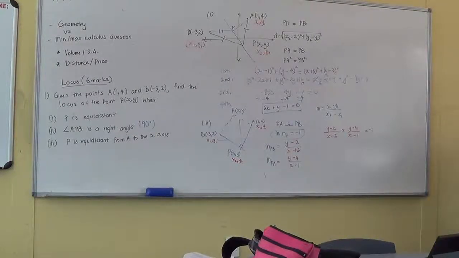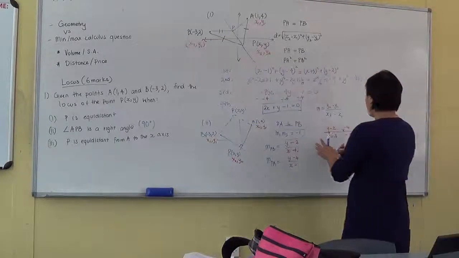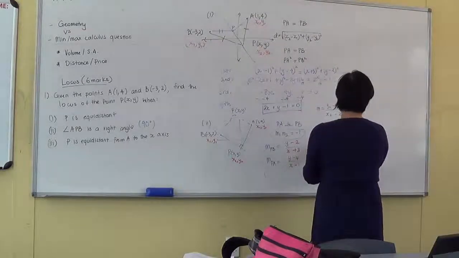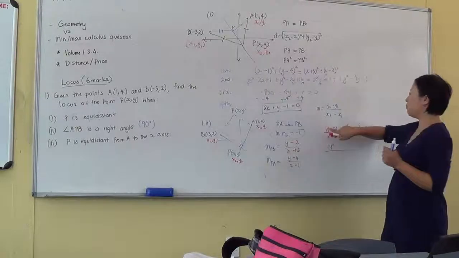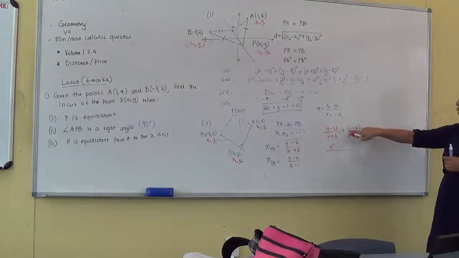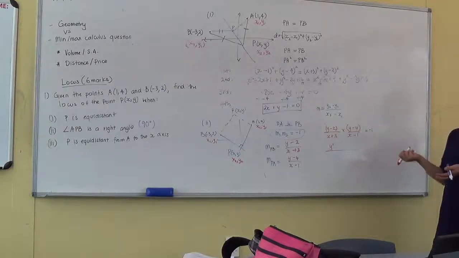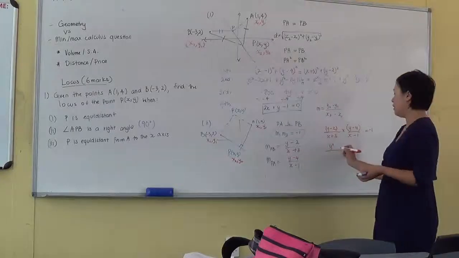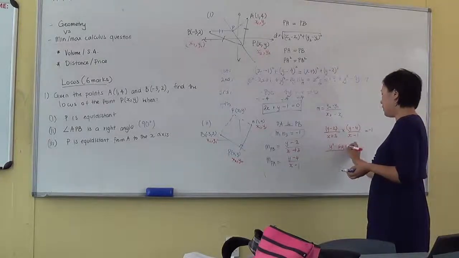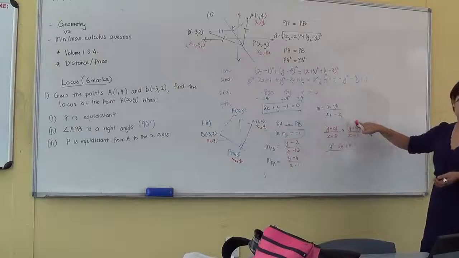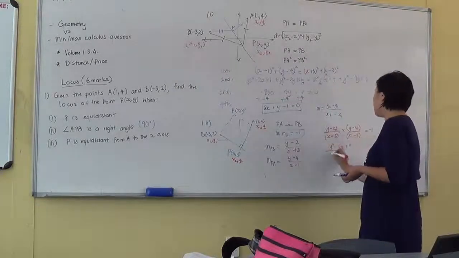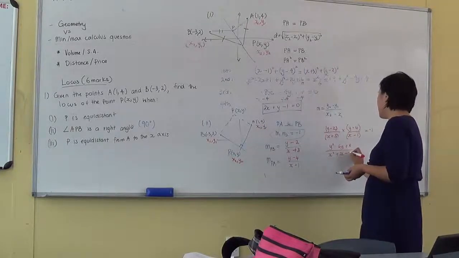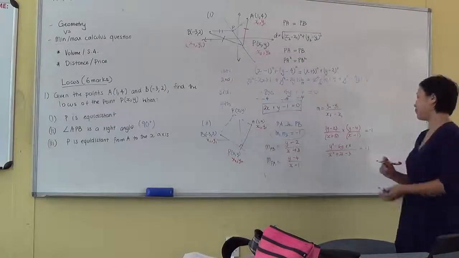What I'm going to do here is just do binomial expansion. The numerator, y minus 2 times y minus 4, expands to y squared minus 6y plus 8, and the binomial expansion for the denominator is going to be x squared plus 2x minus 3, equals negative 1.